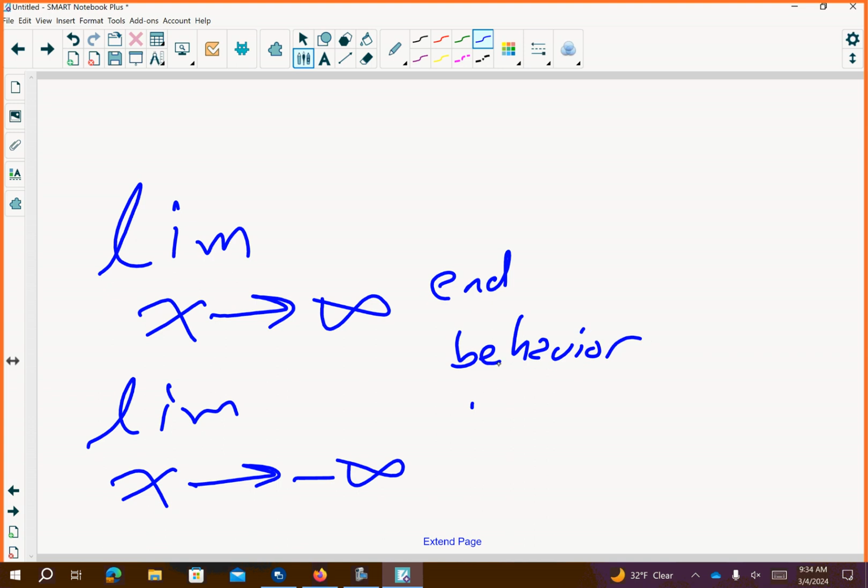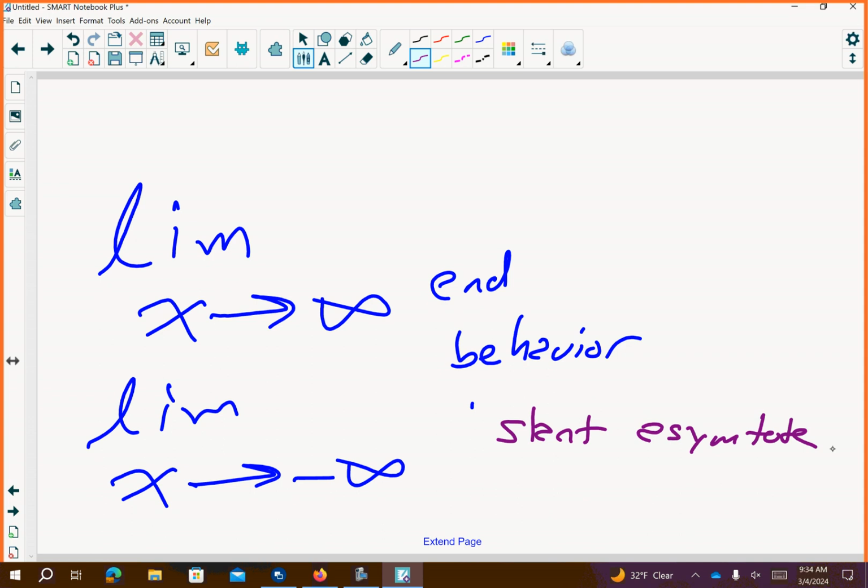Sometimes this is thought about as a slant asymptote. As I go way far in the x direction to the right, or way far in the x direction to the left, where is it going in the y direction? Those are a few things to look at.